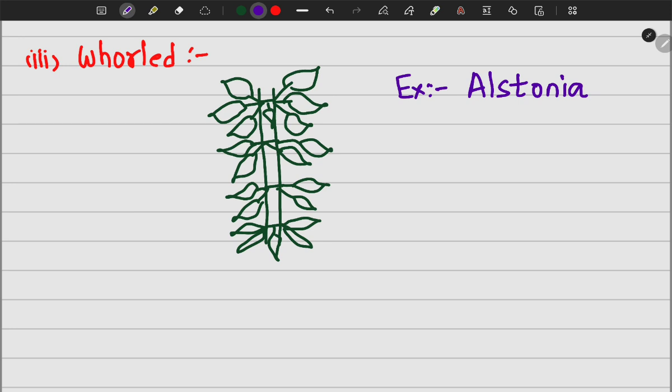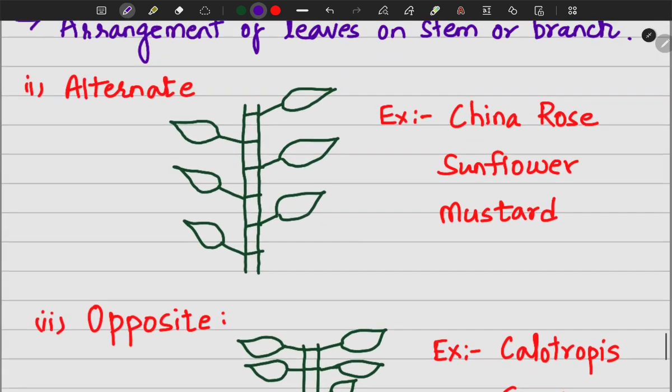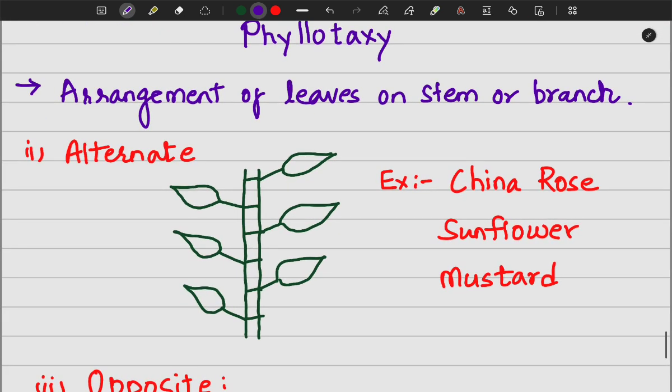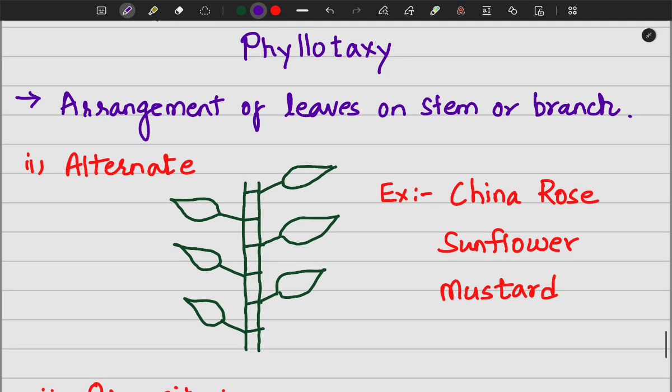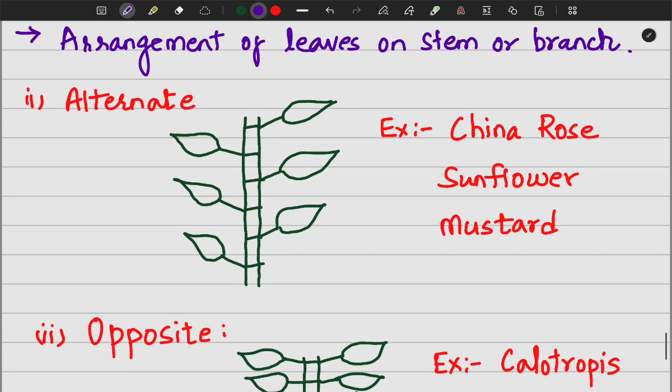Alright, so we studied about phyllotaxy and its types. Phyllotaxy is the arrangement of leaves on stem or branch, and it is basically of 3 types. Alternate, in which a single leaf arises at each node in an alternate manner. Examples are China rose, sunflower and mustard.